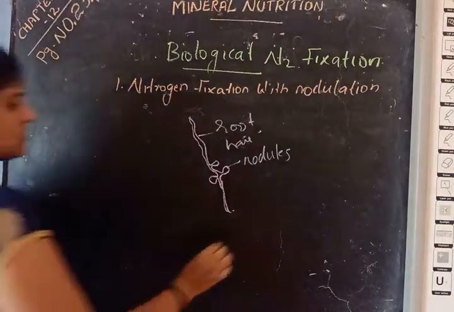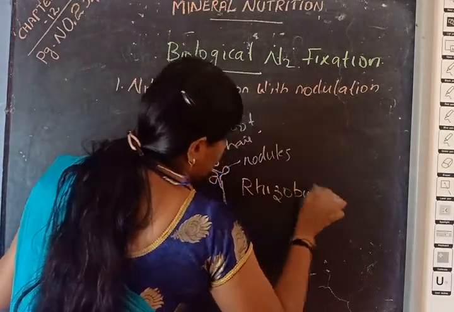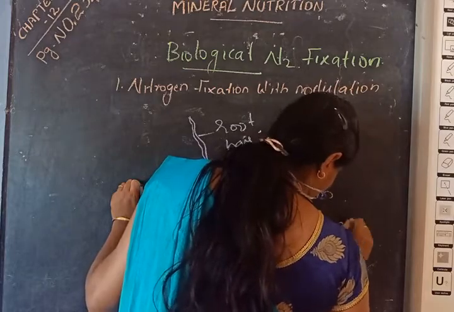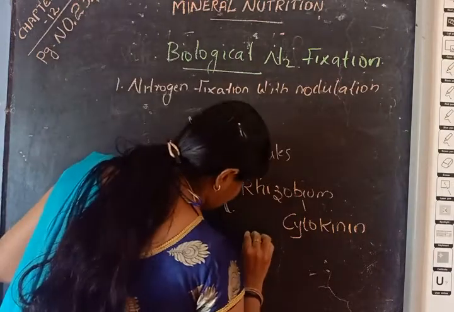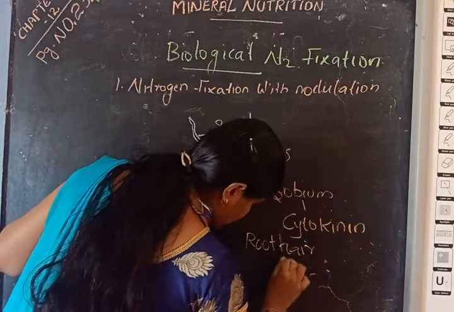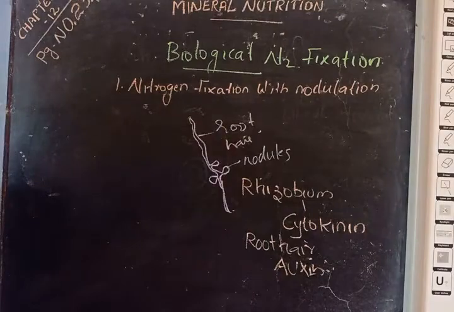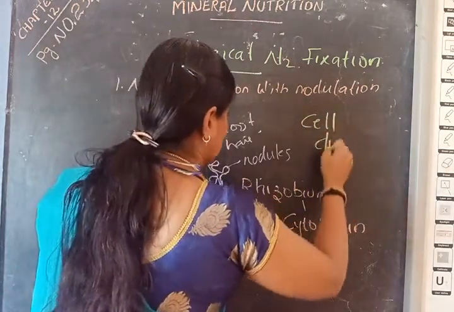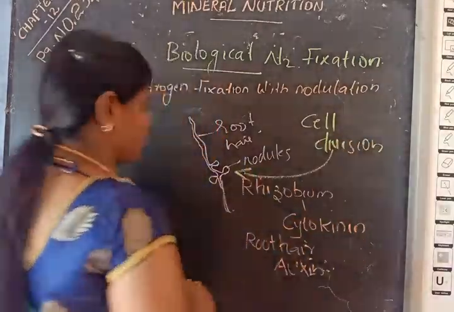Rhizobium provides cytokinin and root hairs contain auxin, so plants provide auxin. This auxin and cytokinin jointly promote cell division, and this cell division may result in the formation of root nodules.